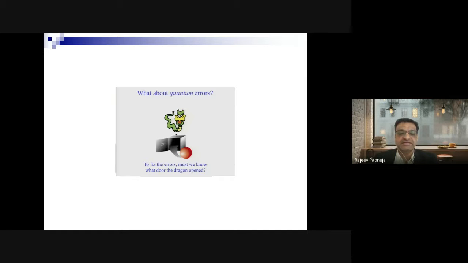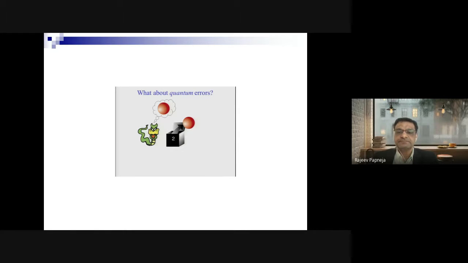Now these phase errors are especially problematic because there's another way of thinking about them. A phase error could be caused if the dragon opens door number 1 and instead of flipping the bit from 0 to 1, the dragon just remembers the bit, or makes a record of what he saw in memory, and the result of keeping that record will be that he is able to change the value of the qubit when we open door number 2.